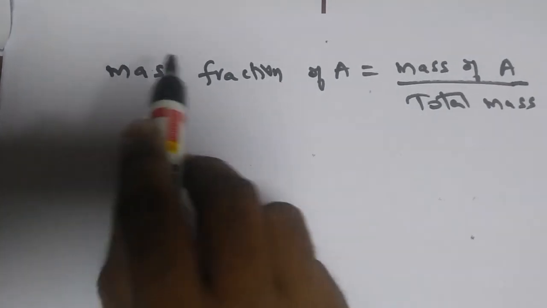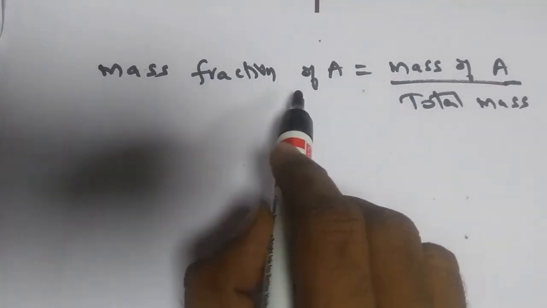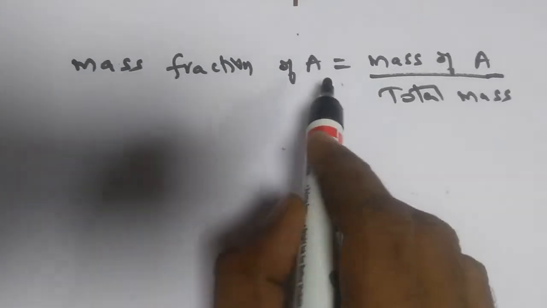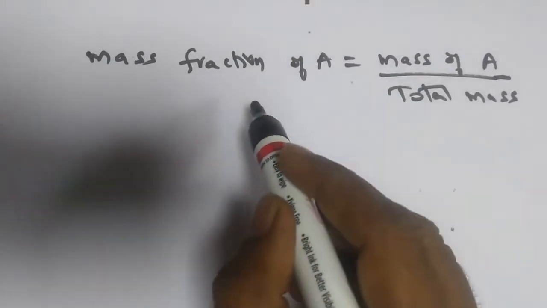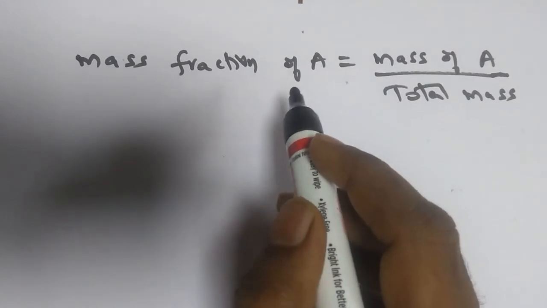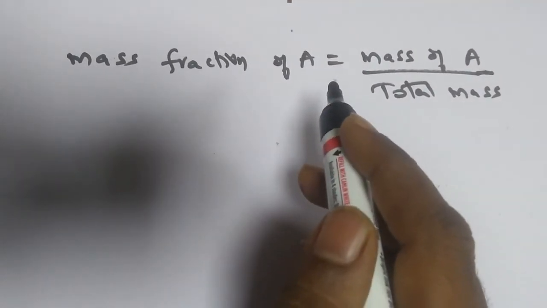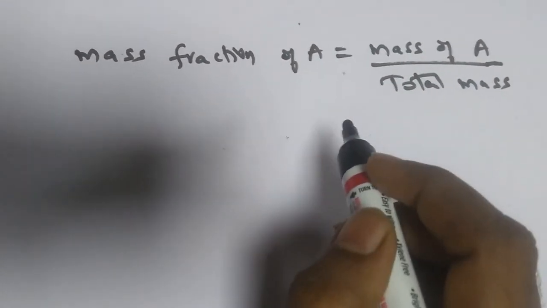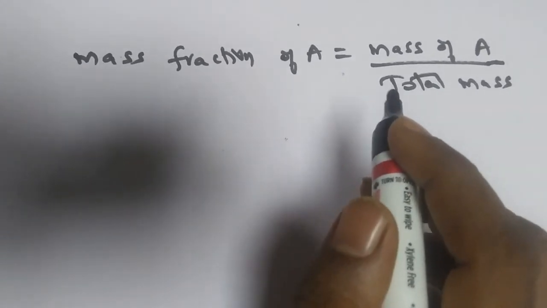So it is accepted if people use weight fraction, but it still represents the mass fraction of A. Same thing I told you for atomic mass and molecular mass, right? Whenever we say molecular weight or atomic weight, we are actually referring to atomic mass and molecular mass.